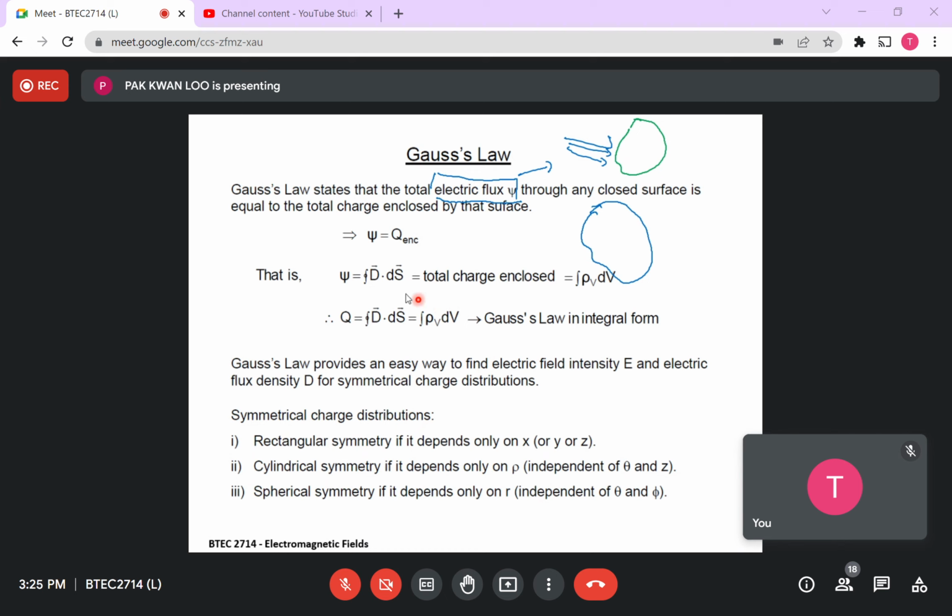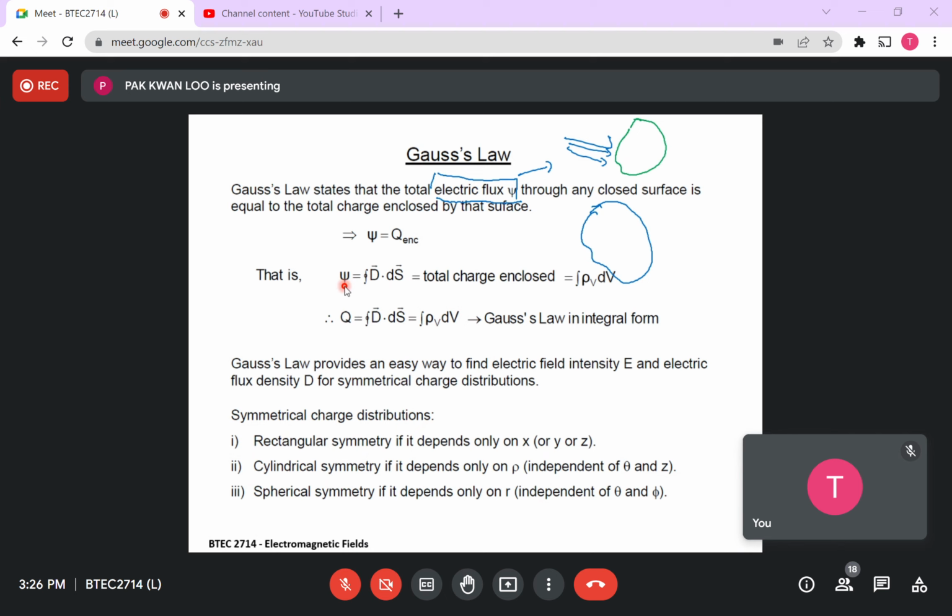Basically, this is the mathematical definition of Gauss law, where this Gaussian surface, this closed surface, is enclosed in space.